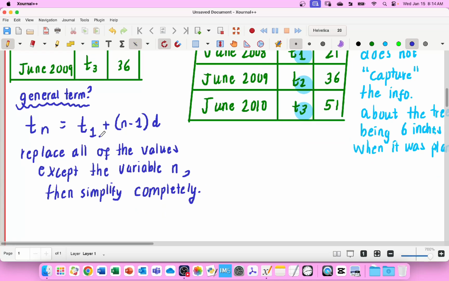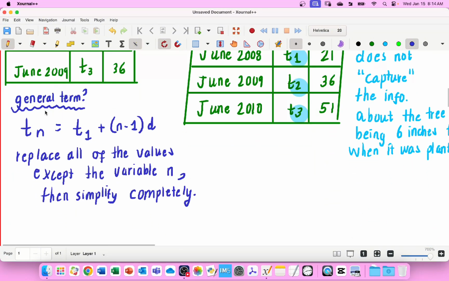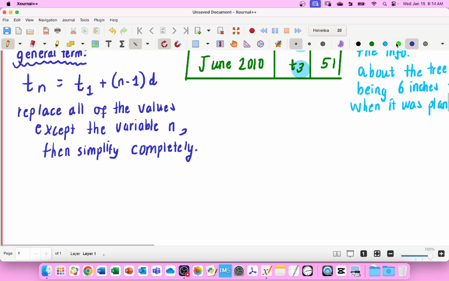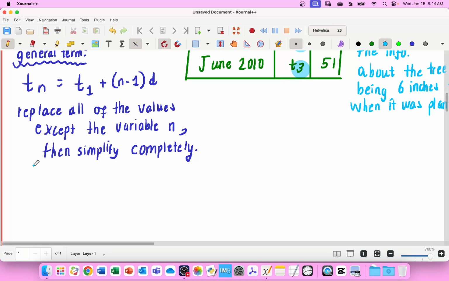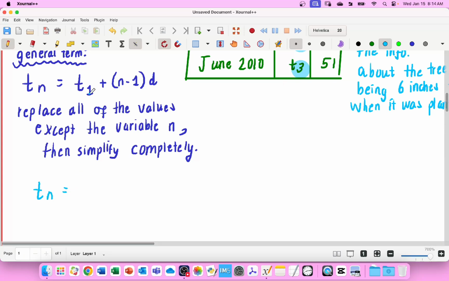So the way we can do that, for Joel: Tn equals 6 plus n minus 1 d.